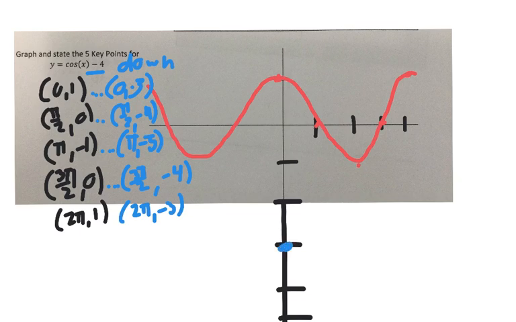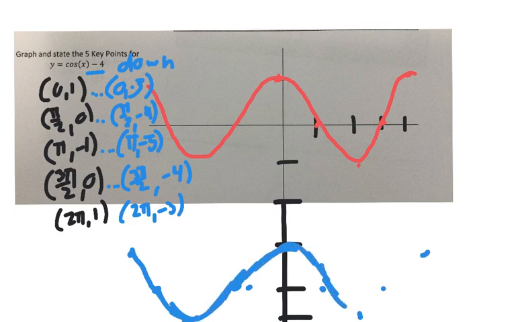So it'd be here, going down, coming up, going up, going down, coming down, coming up. And so that's what my new function would look like. All right, I've shifted it down 4 from the red to the blue.